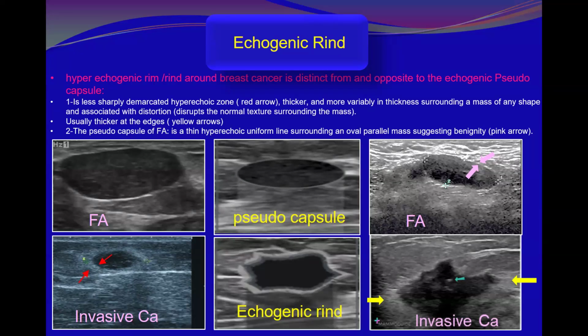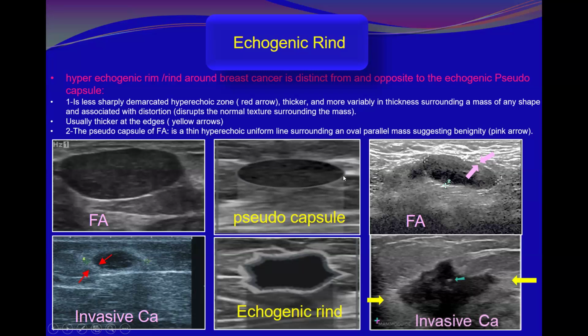Both are hyperechoic. But if you look at these adjacent lesions, the pseudocapsule seen anteriorly and posteriorly here is thin, while the rim is thick. This is uniform, even here, more obvious in the illustration.